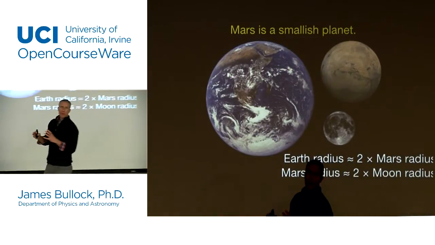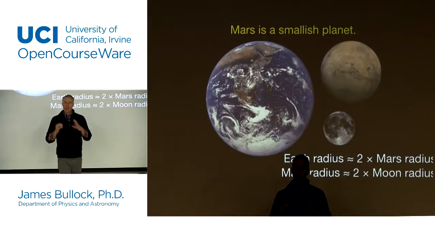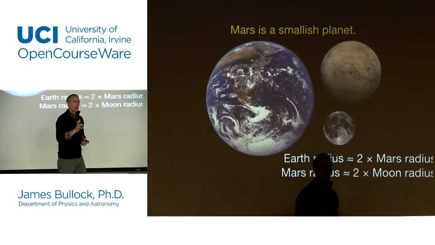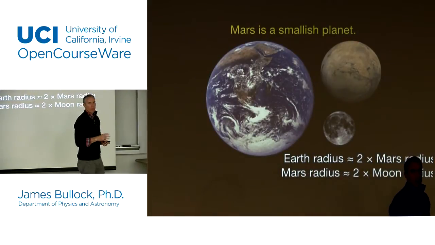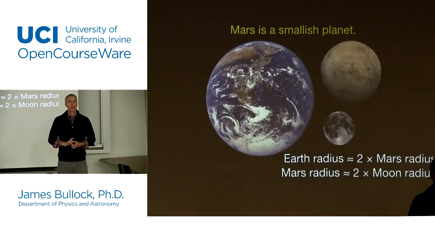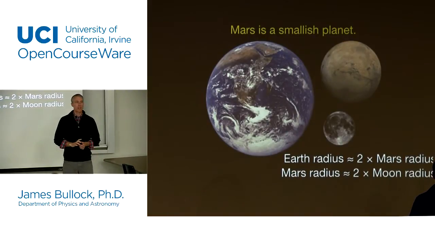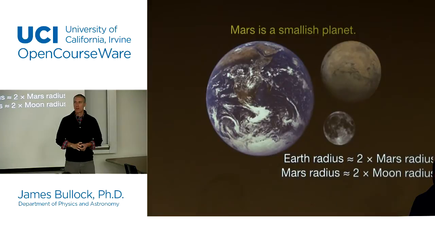Does anyone remember one thing about the size of Mars that's really affected its evolution and could be very important for life on the planet? There's something about its size, the fact that it's small, that we think has played a really important role in its habitability. Does anyone remember what that is?